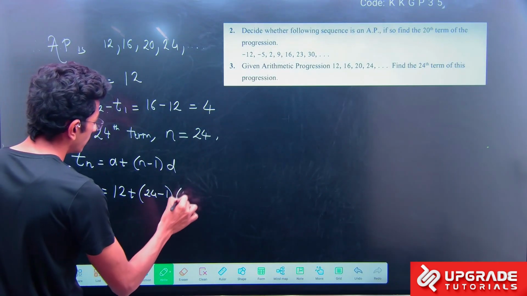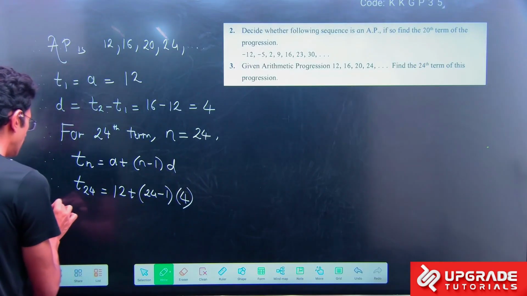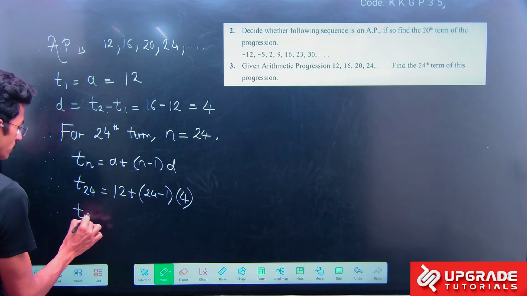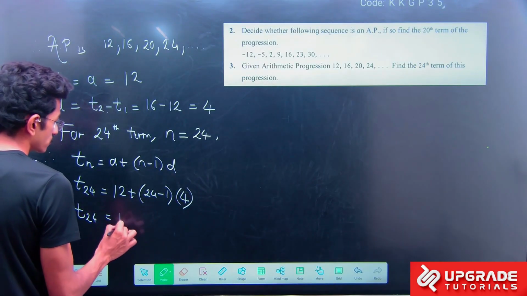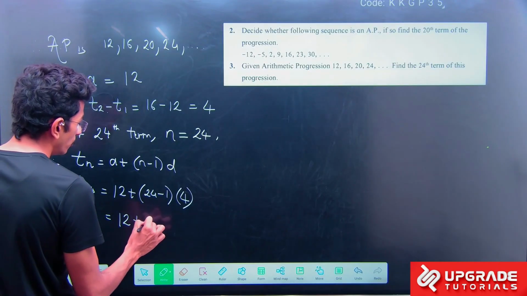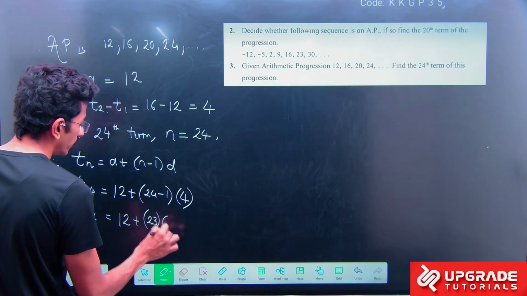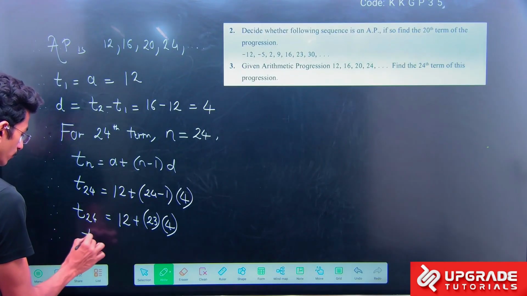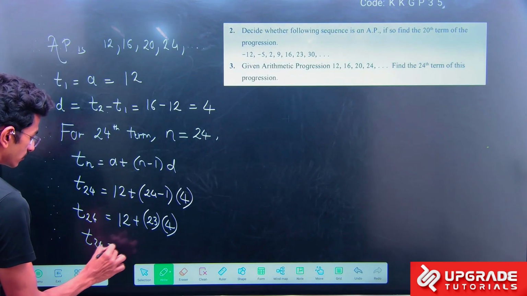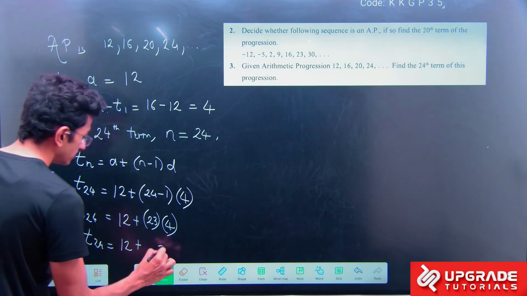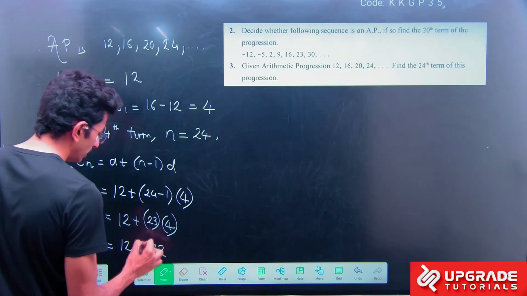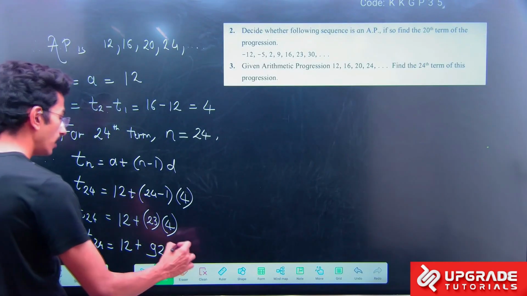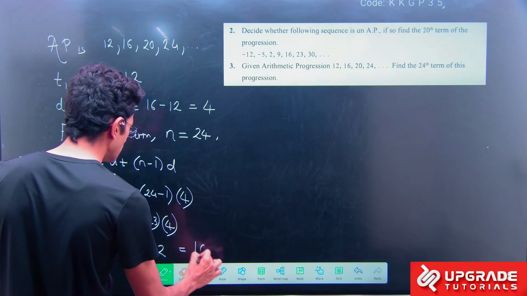D is again 4. Therefore, T24 is equal to 12 plus 23 into 4. What is 23 into 4? T24 is equal to 12 plus 92. 12 plus 92 is nothing but 104.